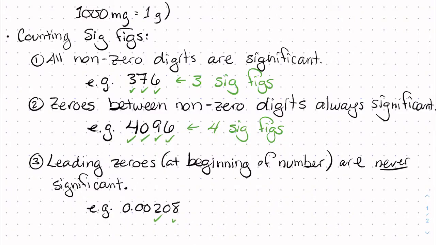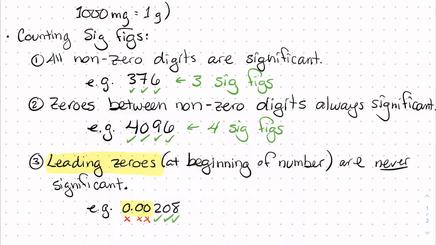We have the 2 and the 8. Our non-zero digits are definitely significant. The 0 in between the non-zero digits is also significant. But these 3 zeros in the beginning, those are what we mean by leading zeros. They're the first digits in that number. So this one has 3 leading zeros in this example, and none of these are significant.